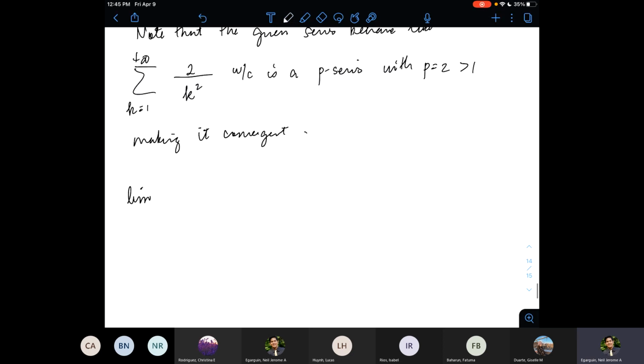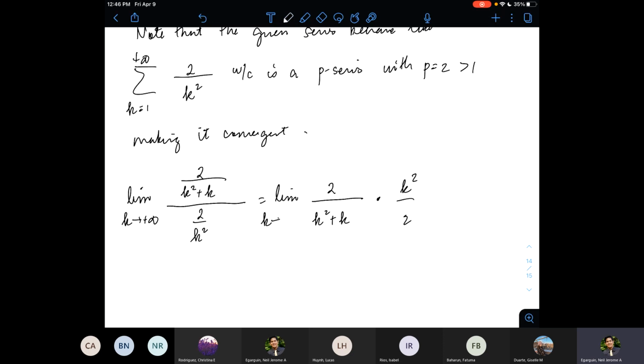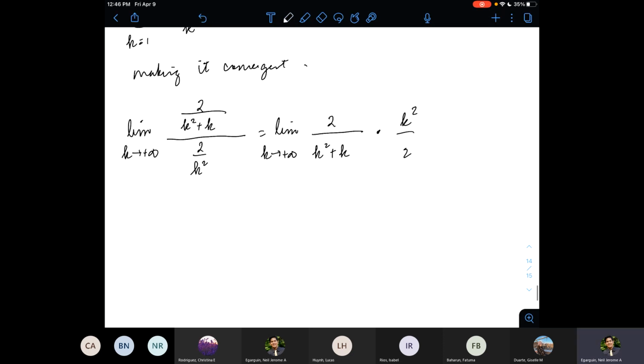So this would be 2 over k squared plus k, all over 2 over k squared. But we already knew what will happen here. This will be a constant, right? Basically, what we're writing here is the formalism of it, because that is how we designed the testing series.